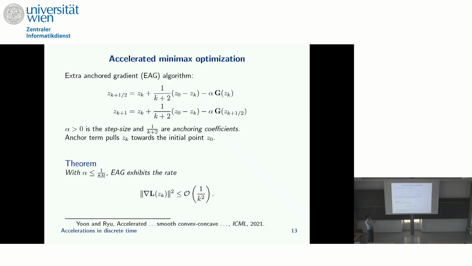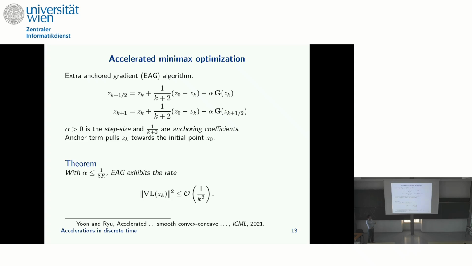So let's read the algorithm together. At position zk, we evaluate the saddle operator and we move in the negative saddle operator direction, but we apply the anchor mechanism and we pull the iterates back towards the starting point z0. The strength of the anchor is 1/(k+2), and it diminishes as the iteration progresses. That takes us to zk plus 1/2.